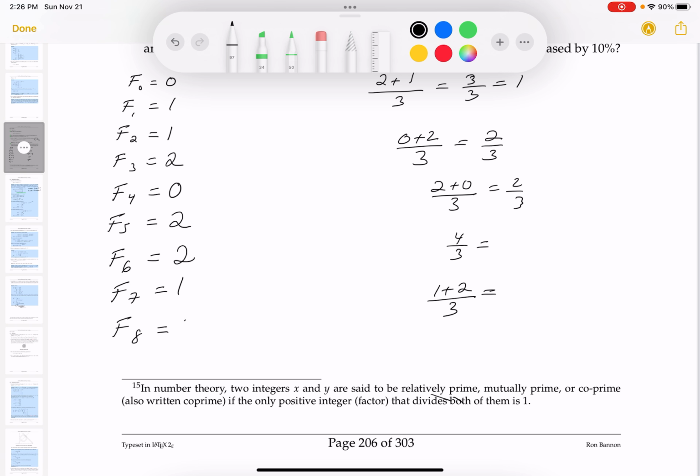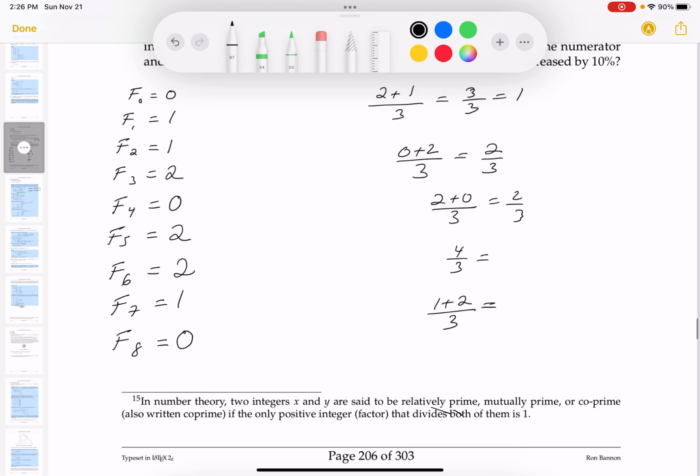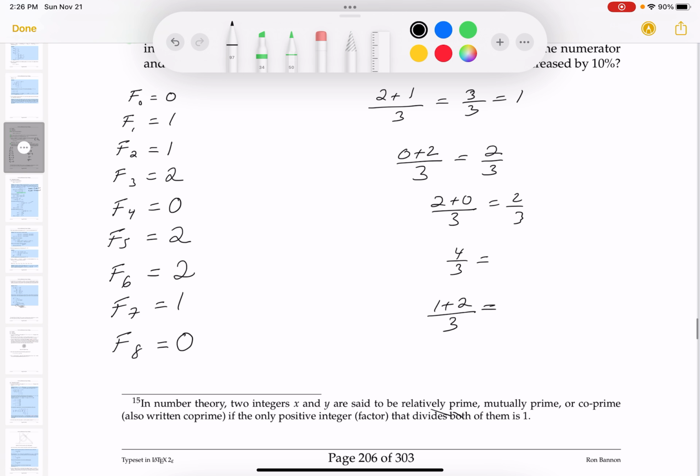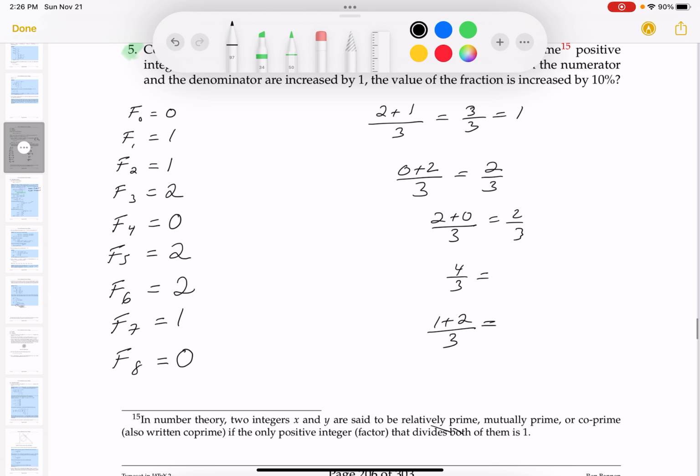It has no remainder. Right, I'm back, I'm pretty sure, at the beginning, but you can keep going if you want. What I mean by that is if I'm at the 0 now, and I put F9 down, what would it be? 0 plus 1, the prior two terms, which is 1 divided by 3. I'd be back in the same sequence.